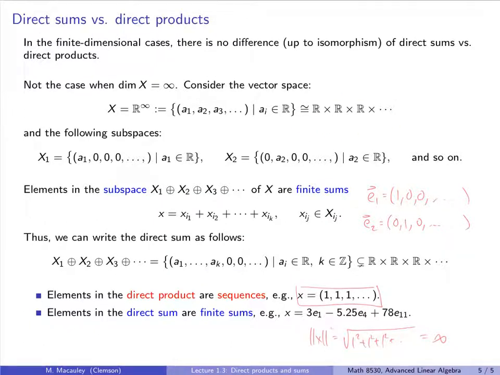You have to be careful as to how you define the norm. This norm doesn't work because what you don't want for a norm or a magnitude is vectors to have infinite length. So there are ways to put norms on this vector space. For example, you could define the norm of a sequence to be the maximum of all of the entries. And so now this sequence is going to have length 1 instead of length infinity.